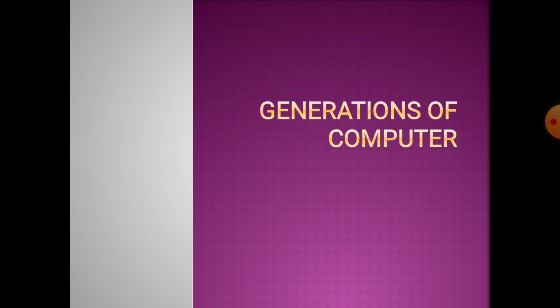Starting from 1940 till today, there was change in technology, there was change in machines, there was change in inventions. As the technology has changed, the computer invention has also changed. So all these eras have been divided into different parts, and those are named as generations.